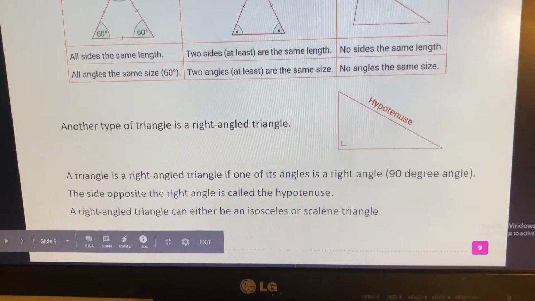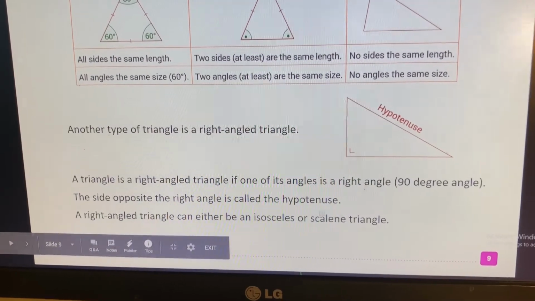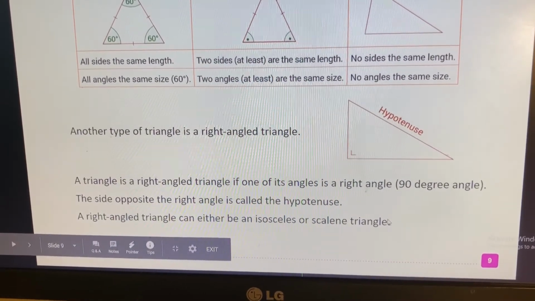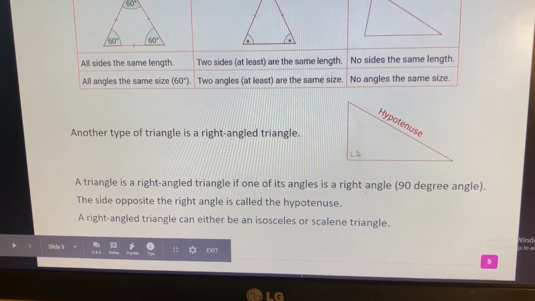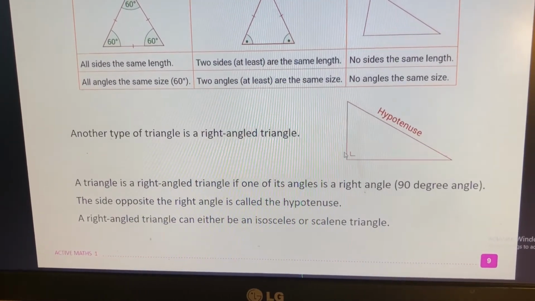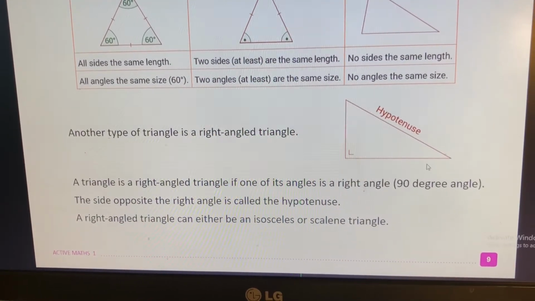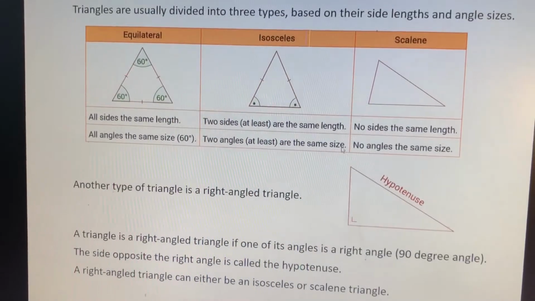So a right-angled triangle can either be isosceles or it could be scalene. So we could have both of these two angles, the opposite angles from the 90 degrees, as 45, and that would make it an isosceles triangle.